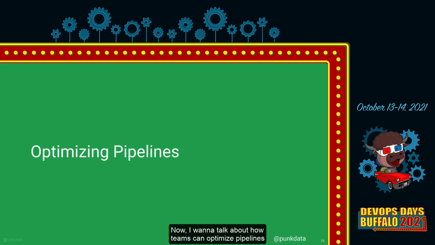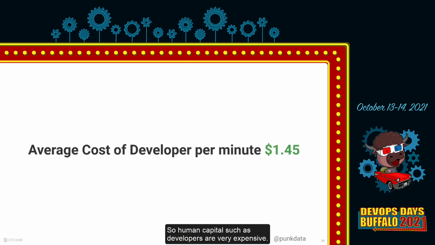Now I want to talk about how teams can optimize pipelines, some of the concepts and strategies that I have kind of in my head about how teams can optimize pipelines. So human capital, such as developers, are very expensive. And if software development and CI/CD processes are not performant or unavailable, the cost of wasted developer cycles is devastating.